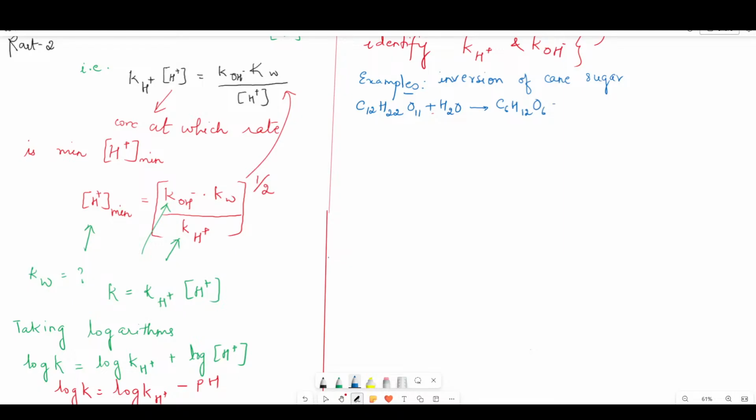I'll write it two times. The rate of this reaction was found to be proportional to the concentration of hydrogen ions present in the solution.